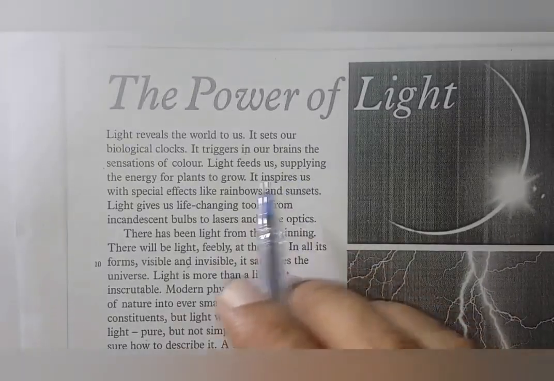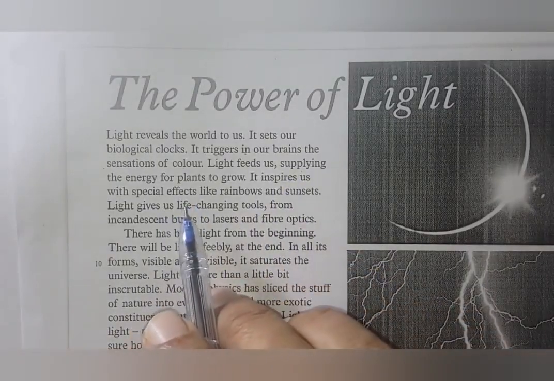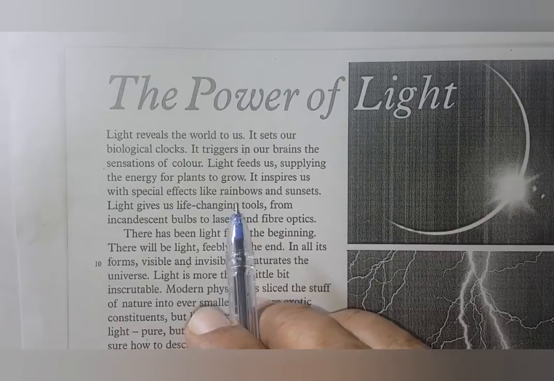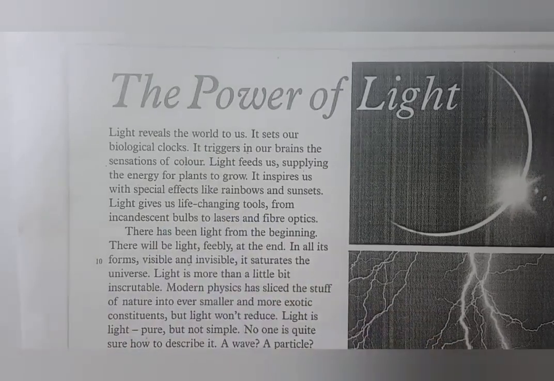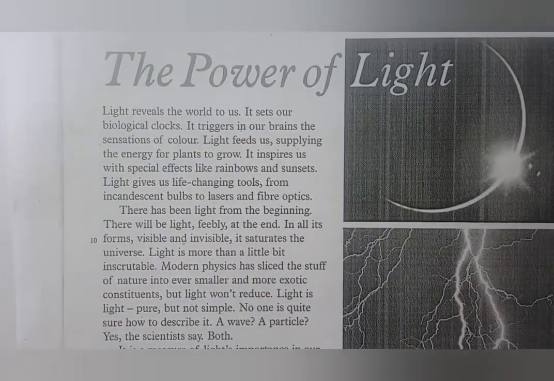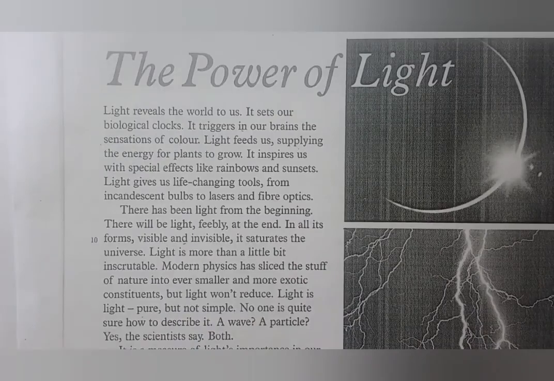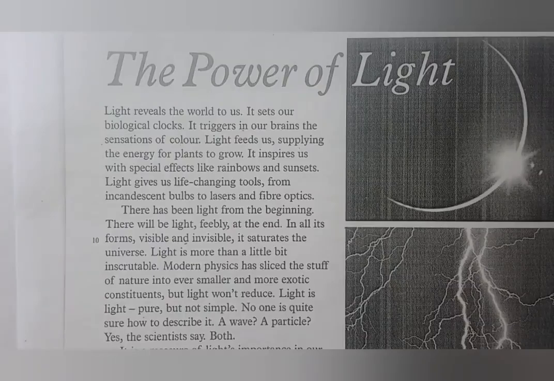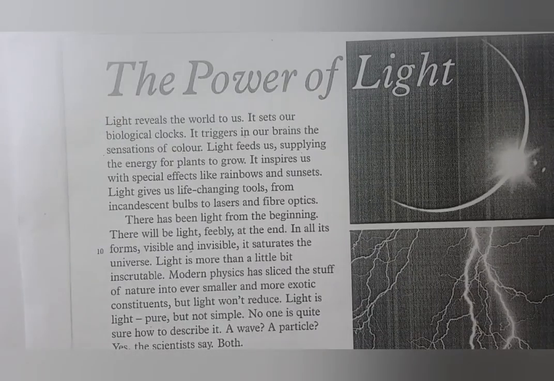Light feeds us, and it inspires us with special effects like rainbows and sunsets. So this I am not doing in a test form, I am just doing it in a tips form. Please remember, I will not check any time here, right? So I am not going to check anything in this one.